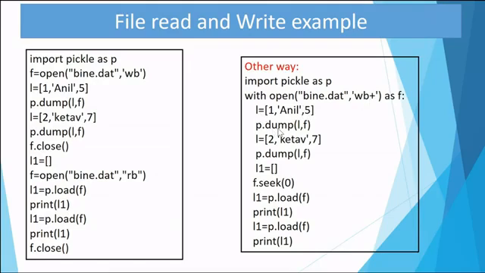I made L, I dumped, I wrote the other, I dumped the second record also, and I did f.seek(0), which means after writing the second record, the pointer is at the end of the file, so I brought it back to the first element of the file, and then I loaded. It showed me the first record, then the second record. So these are the two ways you can do it, whichever way you feel convenient to write the code. Here you need to write close.